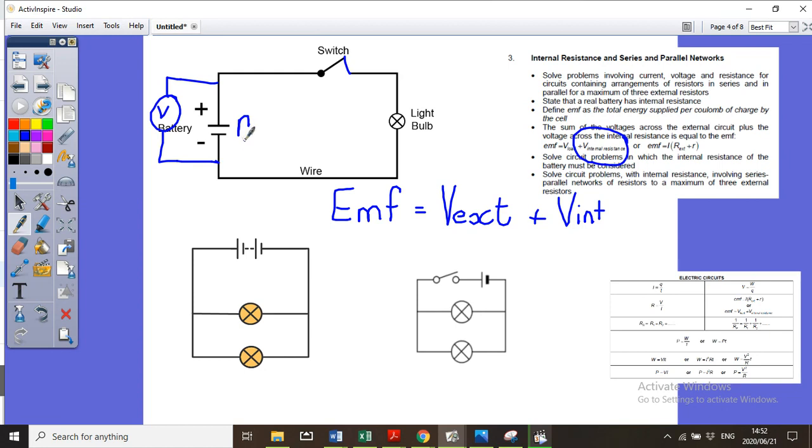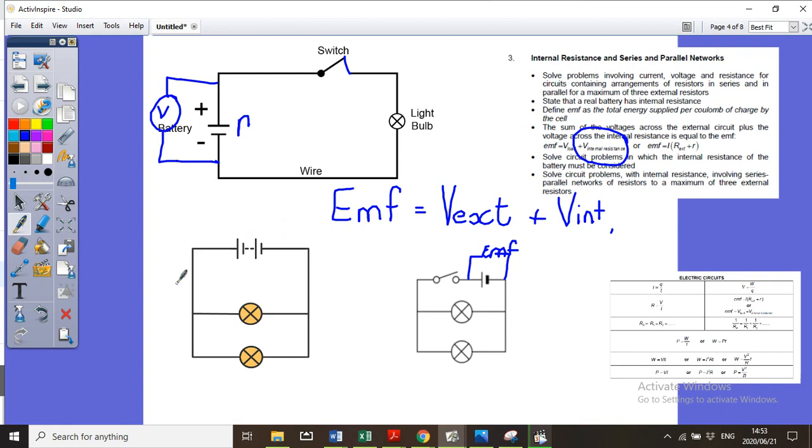This internal resistance will cause some of the energy to be used inside the battery. So you're going to have a setup like this typically, and they're going to say, what's going to happen if I now put something extra in parallel? Or they can say, I'm taking something extra away from parallel. Now, please remember, if the switch is open, this reading will still just be the EMF.